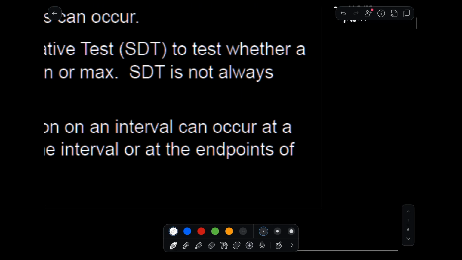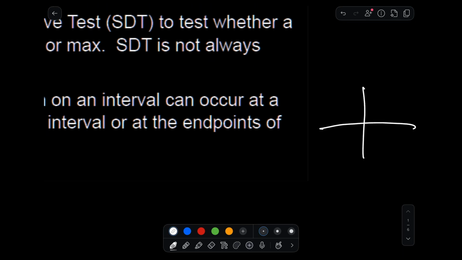So going to an example, let's just get something like this. Let's just draw some blue. We have some function right here, and we want to determine where there were critical points, maxes and mins, both global and local.